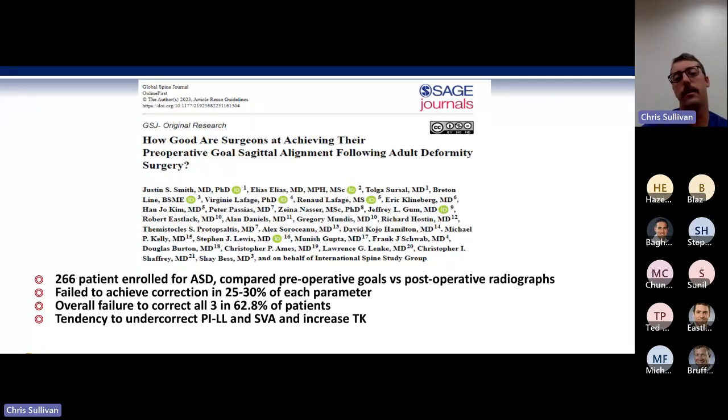Overall, there was a failure to achieve the preoperative correction goals in about 25 to 30% for each spinopelvic parameter, and a general failure to correct all three in 62.8% of patients. Generally, there's a tendency to undercorrect the PI-LL and the SVA, with a tendency to increase thoracic kyphosis. So overall, we're still working on improving this and getting better at meeting our goals.